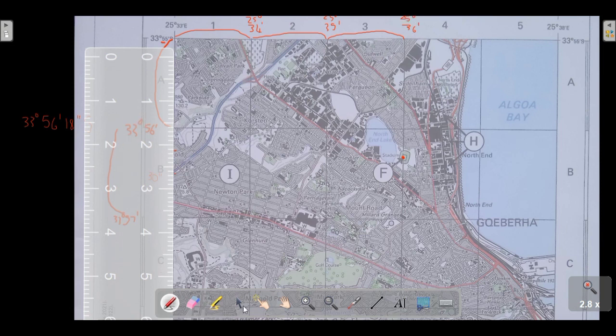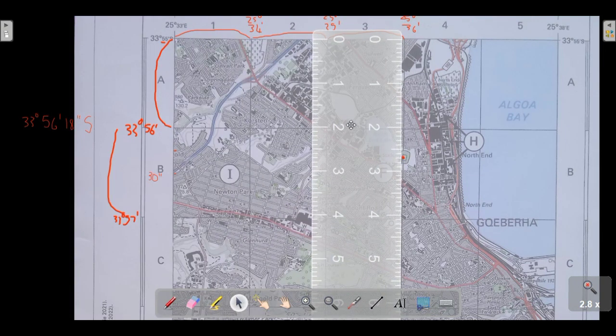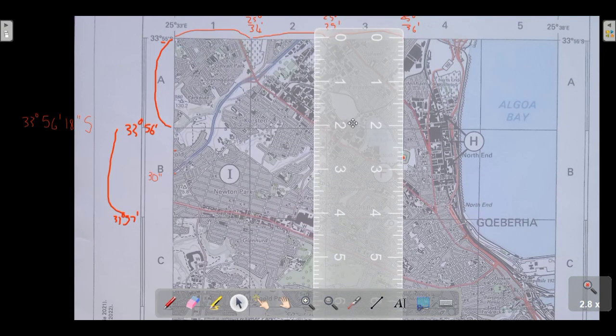If you really take a look at this, you can see that it's actually right on 36. So that makes it easy for us. So our longitude is 25 degrees, we said the 36th minute, so 36 minutes and 0 seconds east.